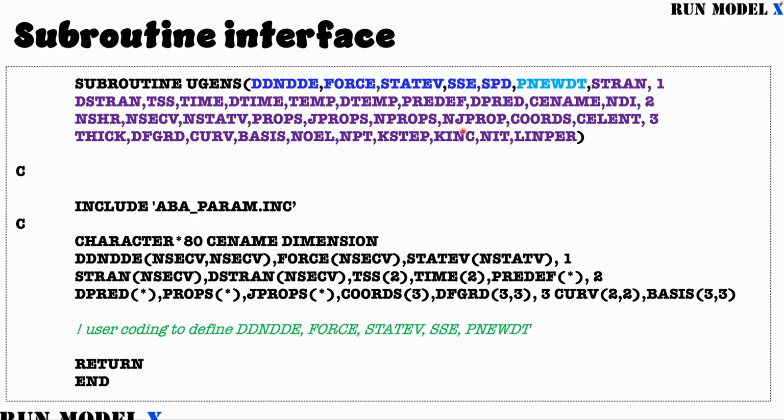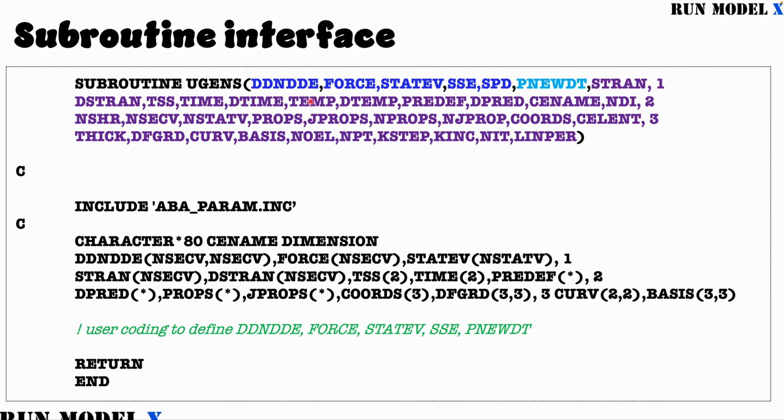For instance, COORDS represents the coordinates of the integration points, KINC represents the increment number, KSTEP represents the step number, CURV represents the curvature of the shell, THICK represents the thickness of the shell, and other parameters.